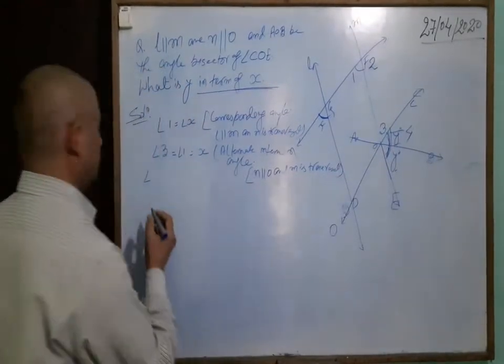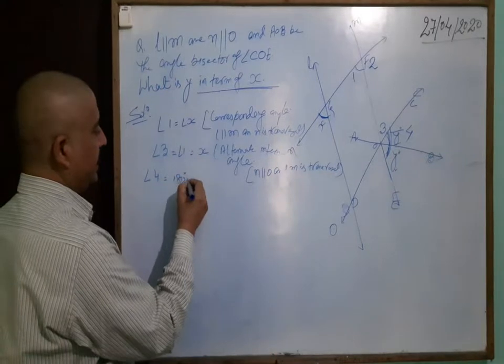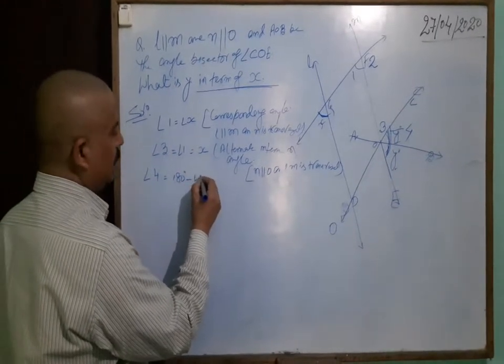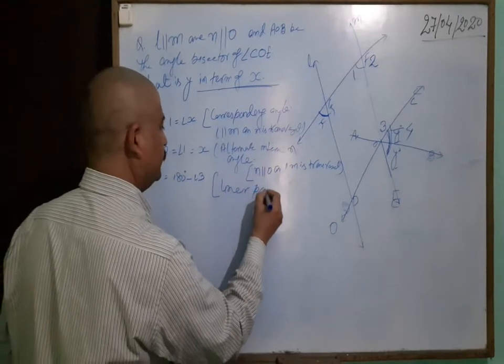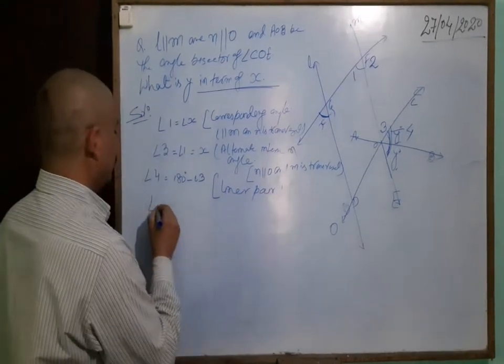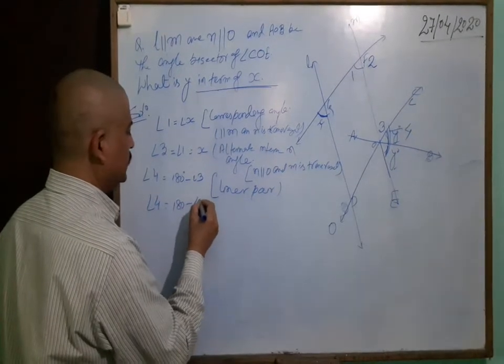So angle 4 equals 180 degrees minus angle 3 by the linear pair. So angle 4 equals 180 degrees minus x.